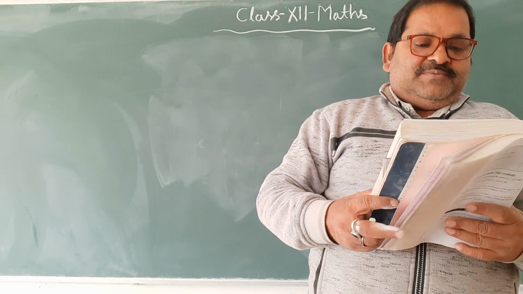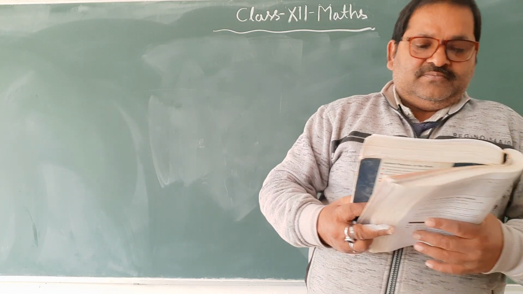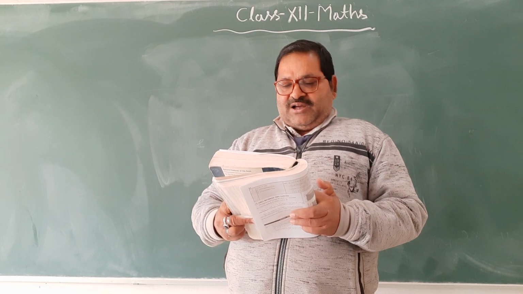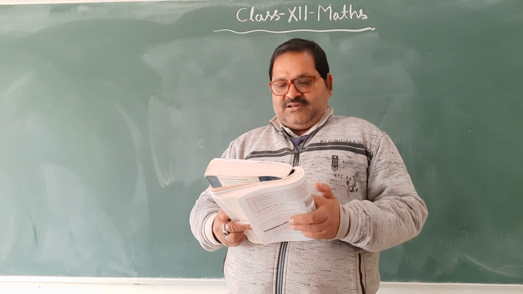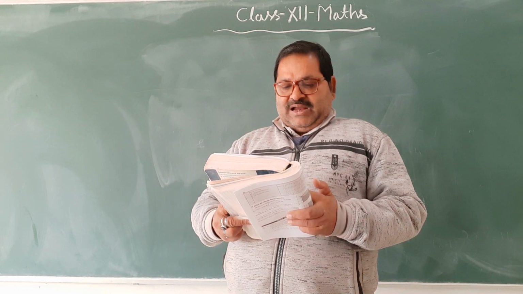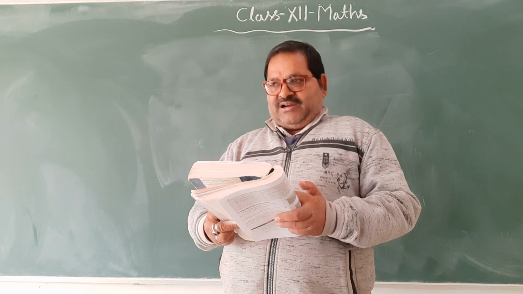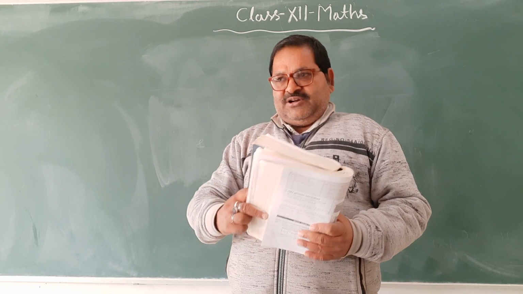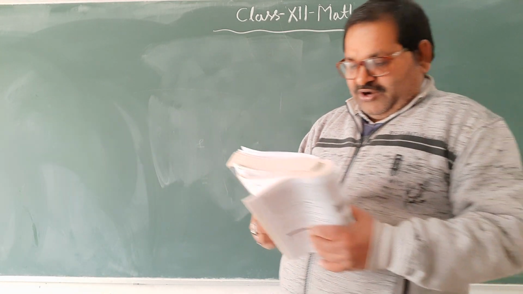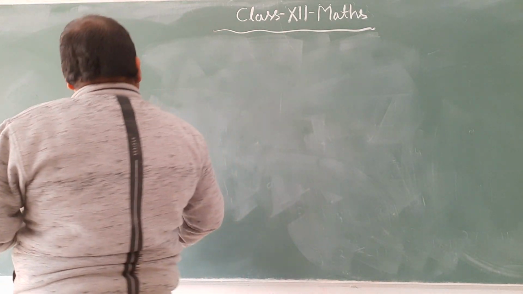Find the area of the region bounded by the curve y square equal to 9x, x is equal to 2 and x is equal to 4, and x axis in the first quadrant. Question number 2 is same as question number 1. So now we solve question number 3.